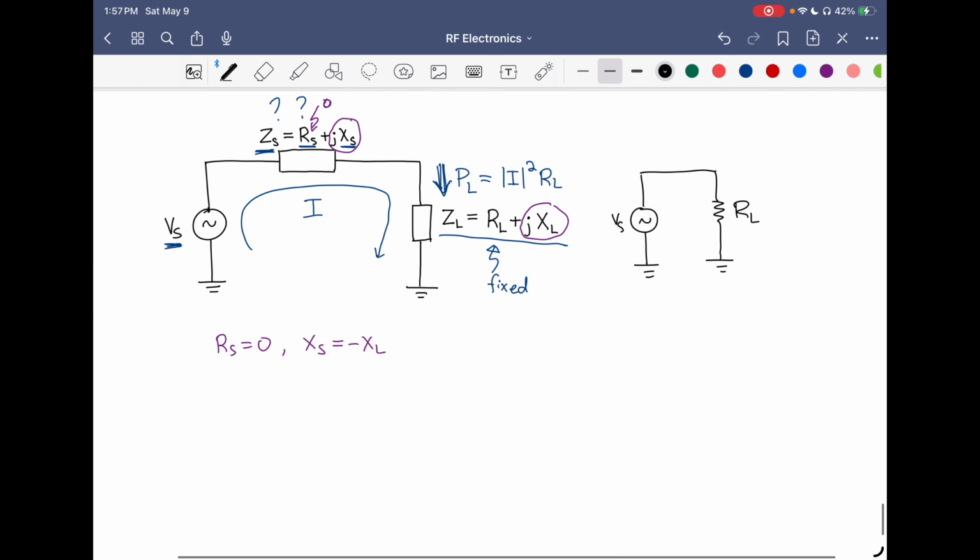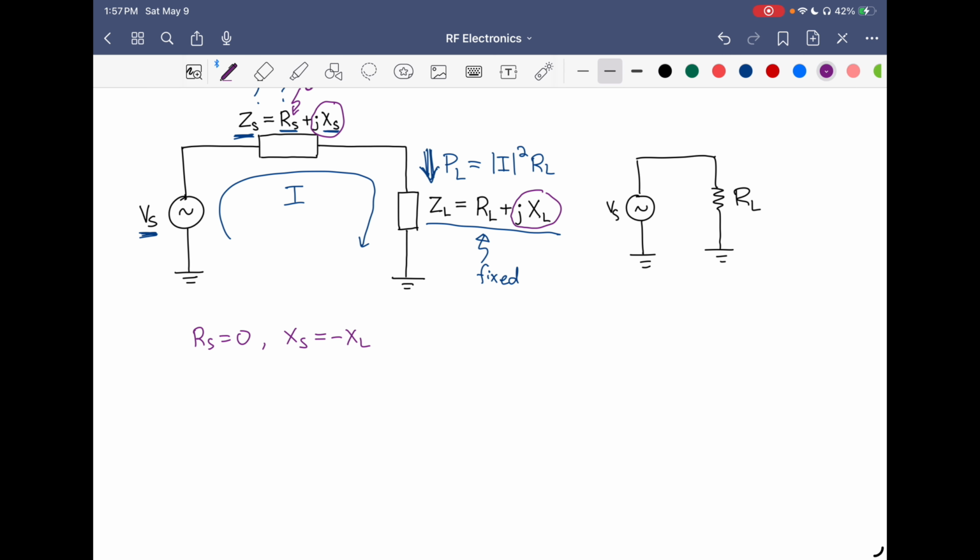So you can see in this case, the maximum power delivered to the load will be PL equals Vs over RL squared as the current magnitude squared times the load resistance RL. And this gives us Vs squared over RL as the power delivered to this load resistor.